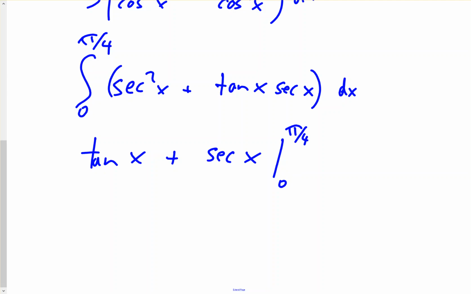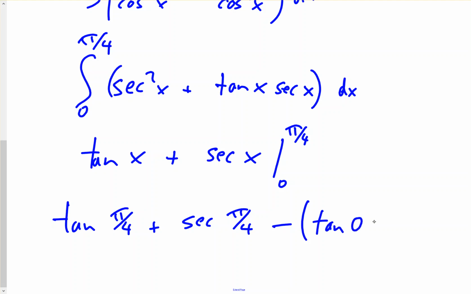Okay, so that means we can plug in our limits of integration. So we have tangent of pi over 4 plus secant of pi over 4 minus tangent of 0 plus secant of 0. Okay, so tangent of pi over 4, which is 45 degrees, is 1.